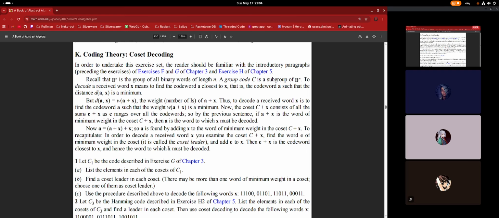Because here's my understanding. Are we saying that you can use cosets to understand what to decode in a way? Yeah, if you want to do error correction on a code, this is one way to do it. But it is using the notion of a distance.